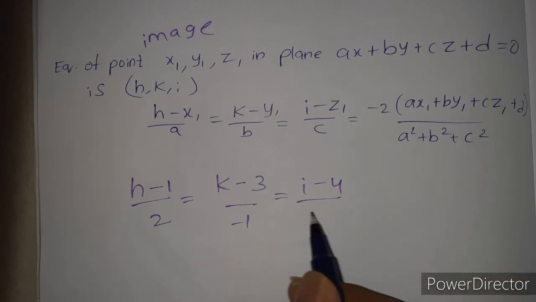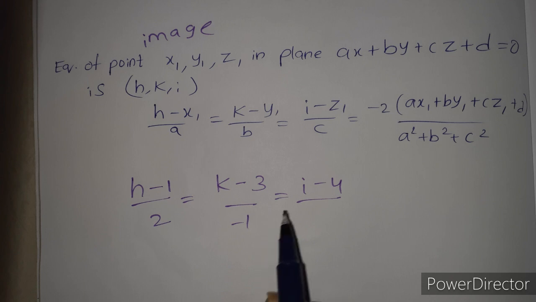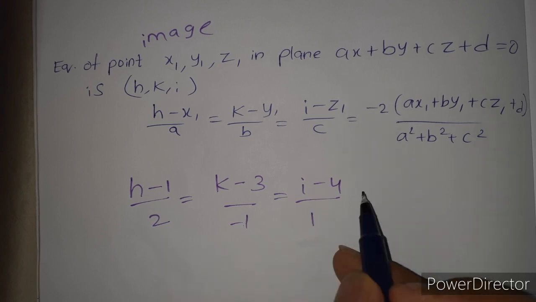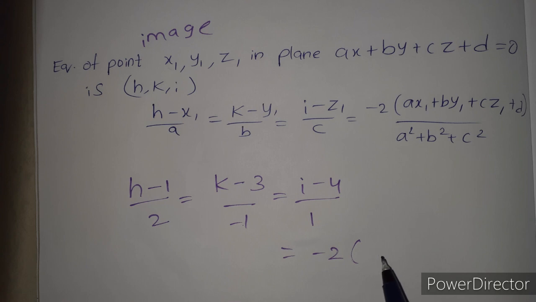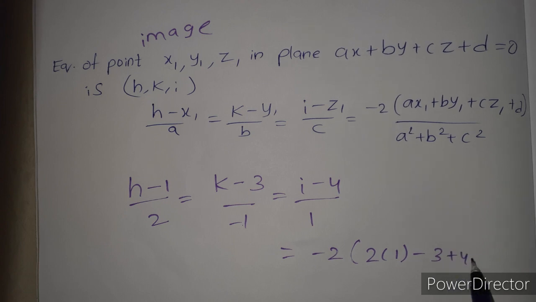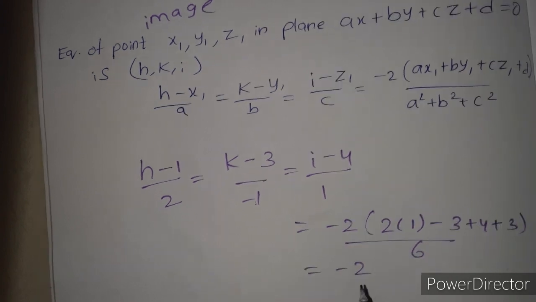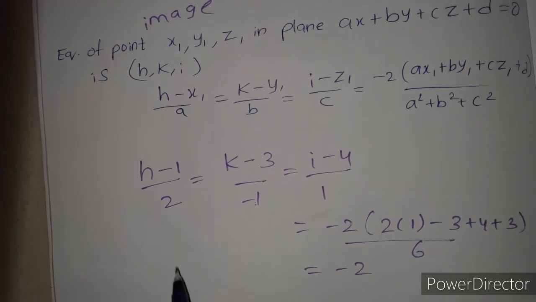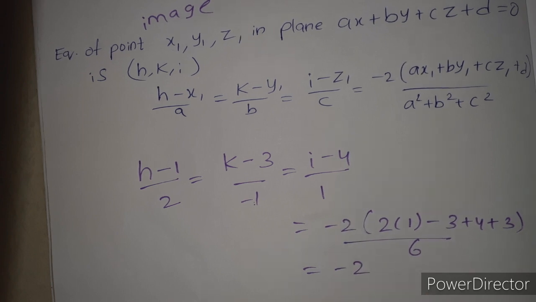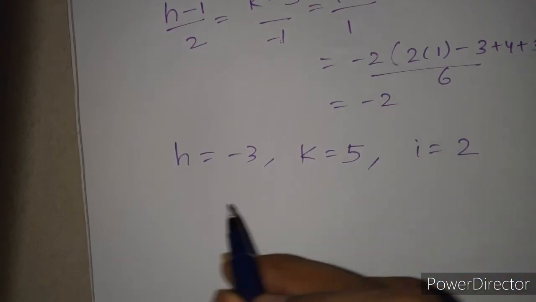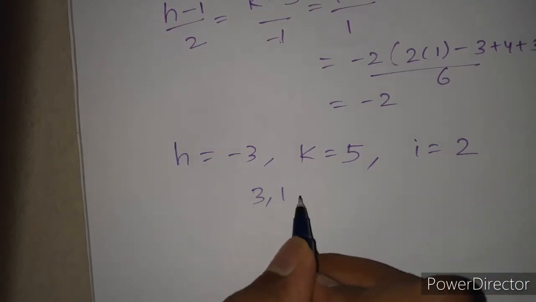So 1, 3, 4, and the direction ratios of the normal of the plane is 2, minus 1, 1, and if we substitute we'll get minus 2 into (2 into 1 minus 3 plus 4 plus 3) by a square plus b square plus c square, 6, and this is minus 2, and we'll get h is equal to minus 4 plus 1, minus 3, and k is equal to 2 plus 3, 5, l is equal to minus 2 plus 4, it must be 2. So now we got the point.